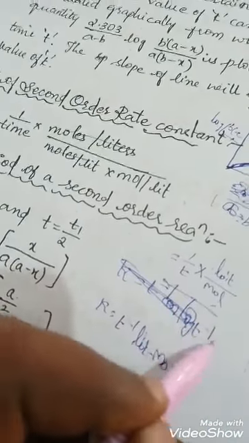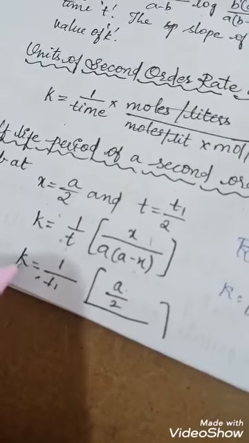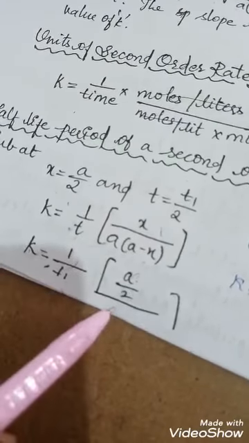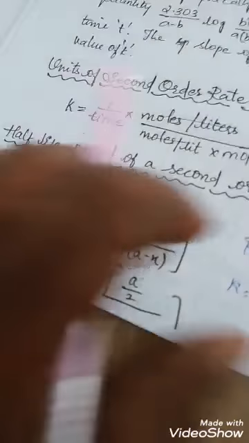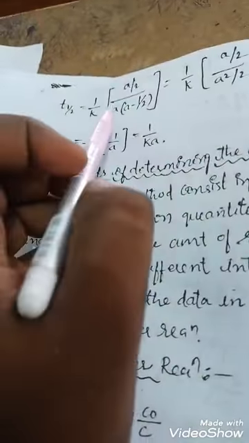Okay, students. So the half-life period of a second order reaction. What happens? Substitute x equal to a by 2, t equal to t half. K equal to 1 by t, x by a into (a minus x). So k equal to 1 by t half, (a by 2) by a into (a by 2). Then t half equal to 1 by k, (a by 2) by a into (a minus 1 by 2), equal to 1 by k, (a by 2) by (a square by 2).